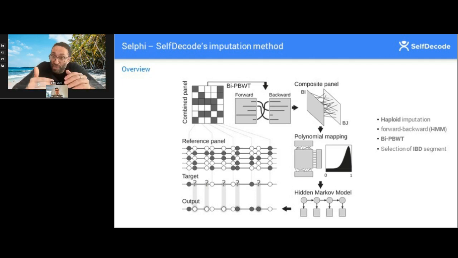And the reason it's bidirectional is that it does this in two directions. So you don't just go left to right, you can also go right to left. This is very ideal when it comes to imputation. If you have a SNP of interest, a marker of interest, you can search in one direction and then the other direction. Based on this, you can find what the potential haplotypes are that are most likely to be found in this target one.